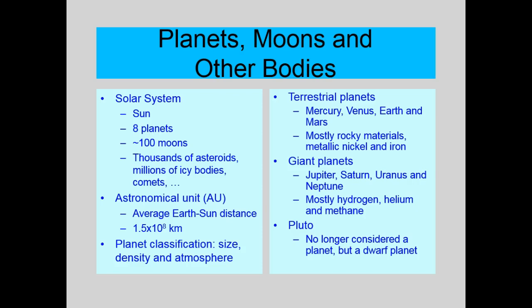Interplanetary space probes travel about 7.3 kilometers per second. How far could one travel in a year? You can go through and do the math, but it would be about 2.3 times 10 to the 8 kilometers.